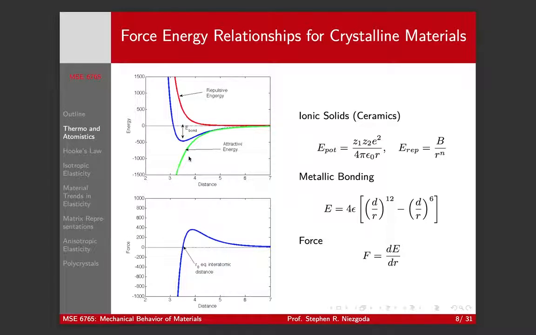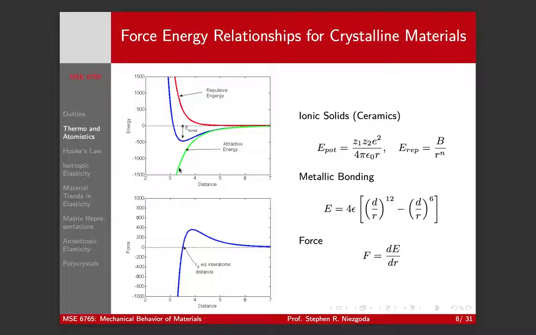So there needs to be an attractive energy, but there also needs to be a repulsive energy, right, to keep the atoms from smashing into each other and fusing. So there's a repulsive energy that's stronger but decays faster than the attractive energy does.